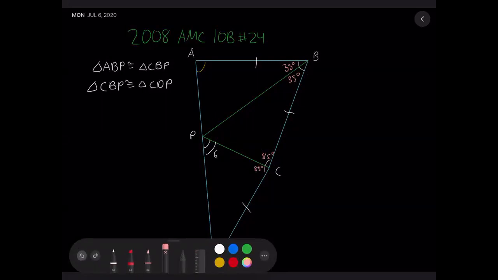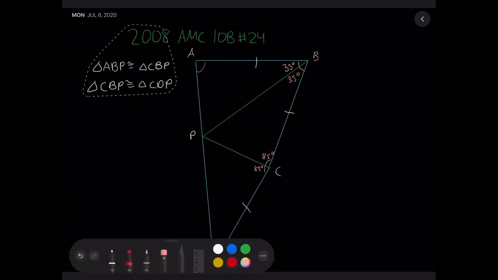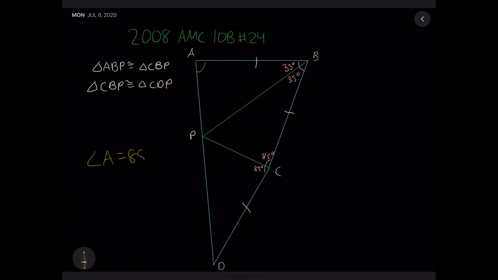Okay, these angles are the same because all three triangles are congruent. Therefore, angle A is equal to 85 degrees. And this was choice C on the actual test.